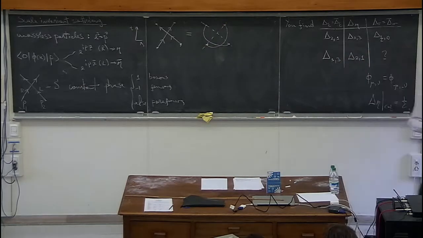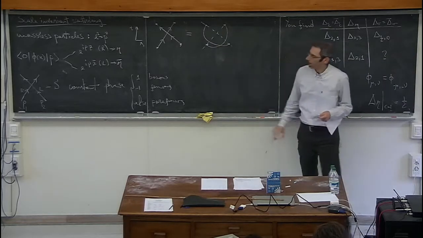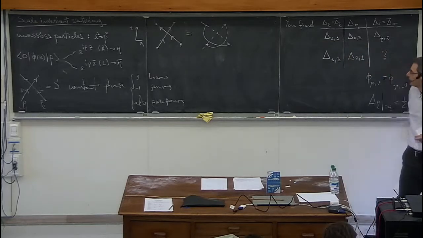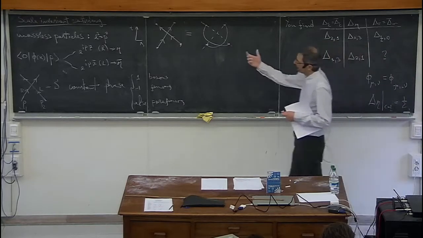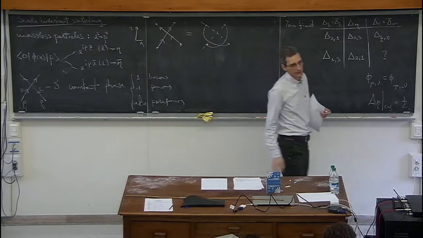This is also an exchange. But I know how these rotations by i pi are implemented. They will be determined by the spin of these fields which create the particles.